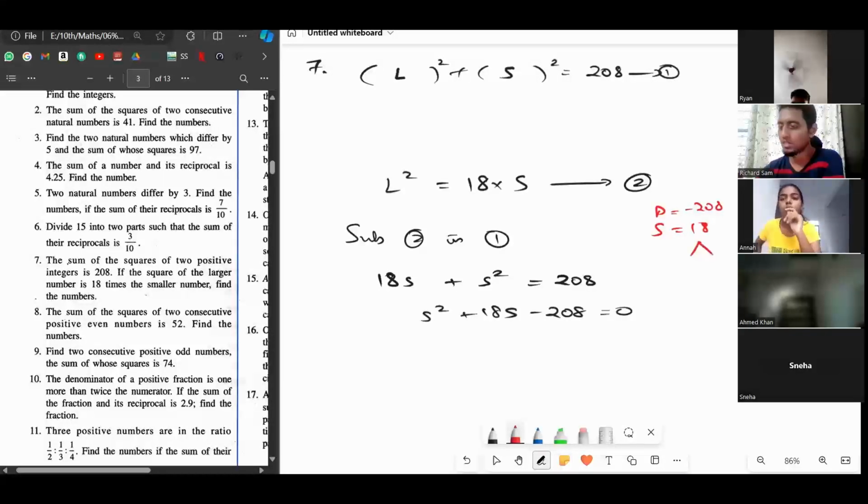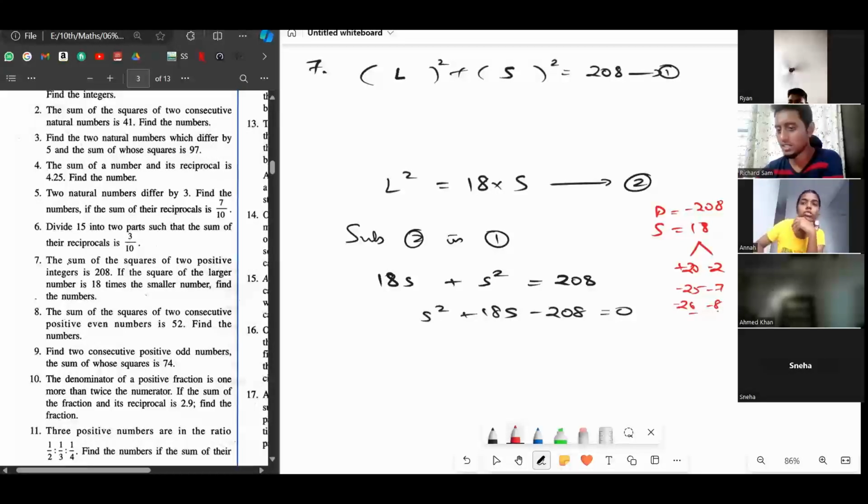Since the product is negative, we have one plus and one minus. The bigger number is positive as the sum is positive. One example, 20 minus 2, 25 minus 7, 26 minus 8. 6 8s are 48.